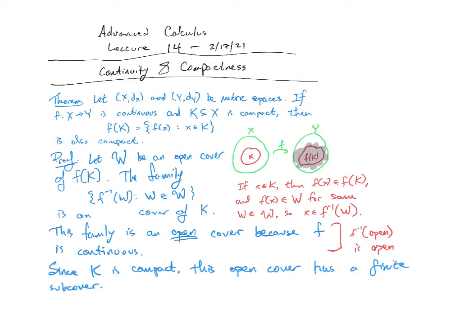If we've got finitely many of these sets from this family, then what we've really got is a finite subcollection of W, and then we're looking at the inverse images of those.